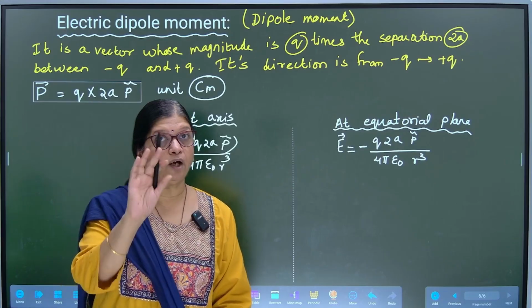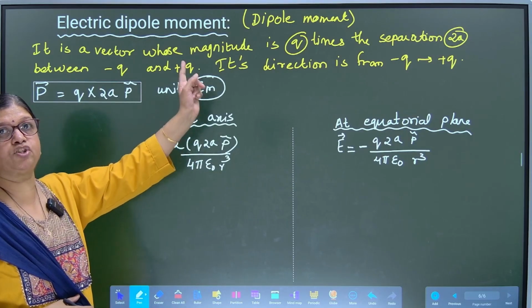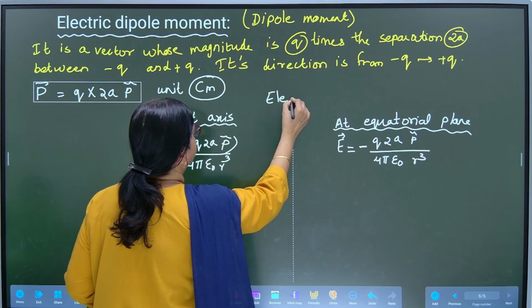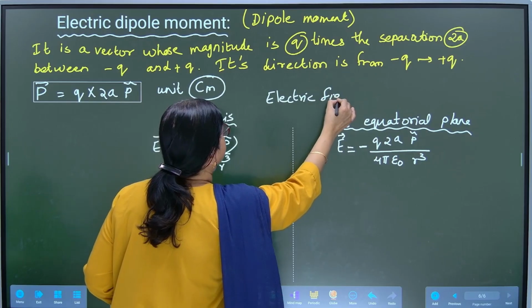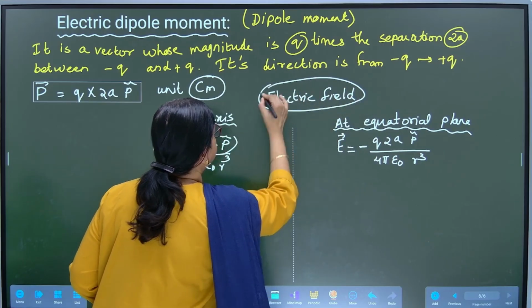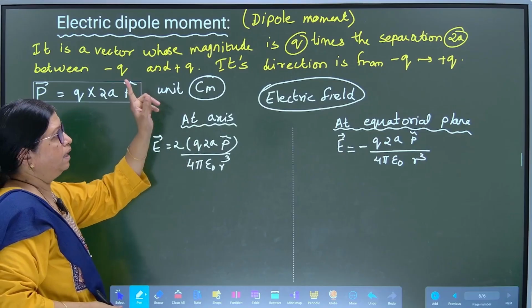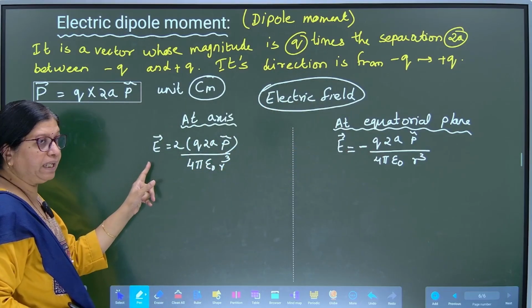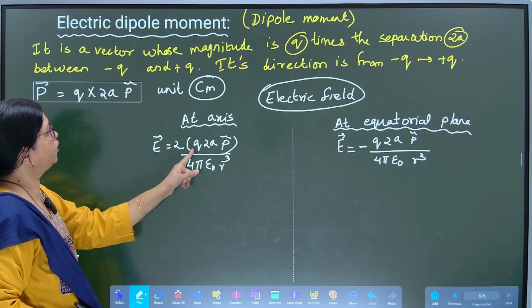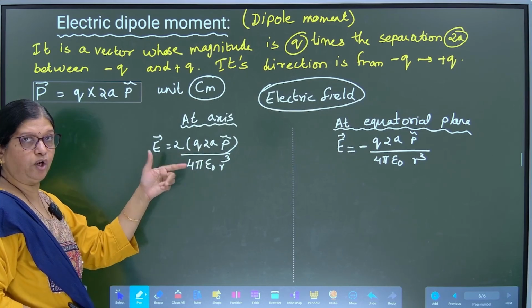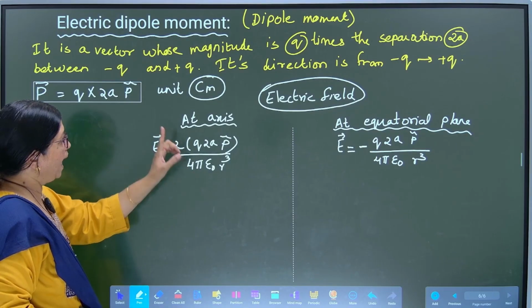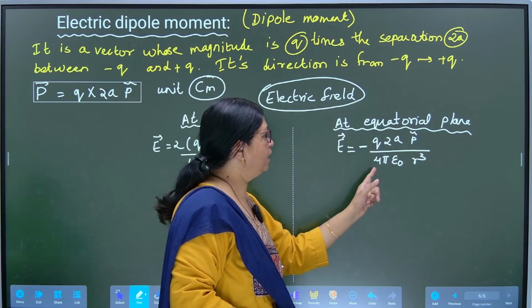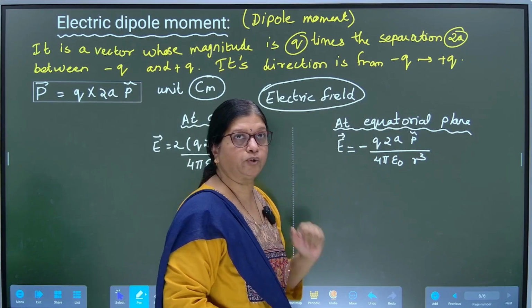Fine. Now from this definition or formula, we will come to the electric field which we derived already at a point on the axis, E is equal to 2 Q 2A P cap upon 4 pi epsilon naught R cube. And at a point on the equatorial plane, E is equal to negative Q 2A P cap upon 4 pi epsilon naught R cube.